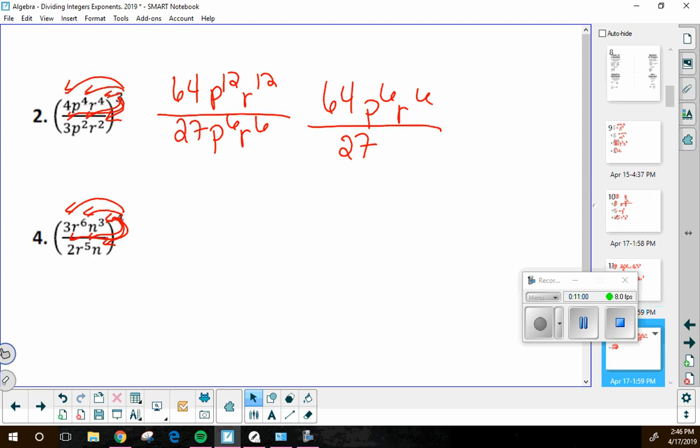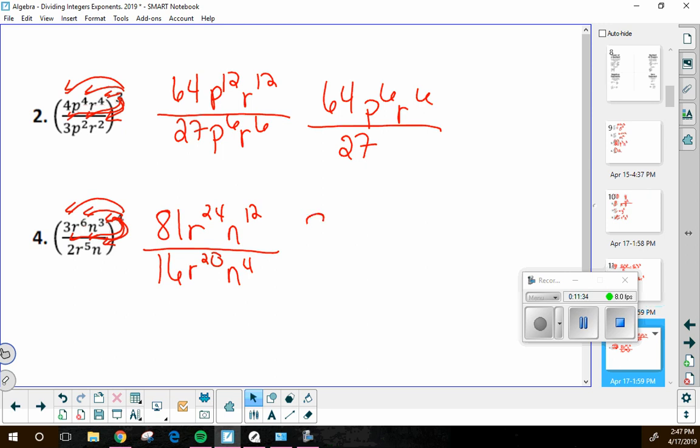All right, 3 to the 4th is just 3 times 3, which is 9, times 3 times 3, which is 9. So what is that going to be? 81, r to the 24th, n to the 12th, over 2 to the 4th, which is 16, r to the 20th, n to the... okay. 81 and 16 don't have a common factor.